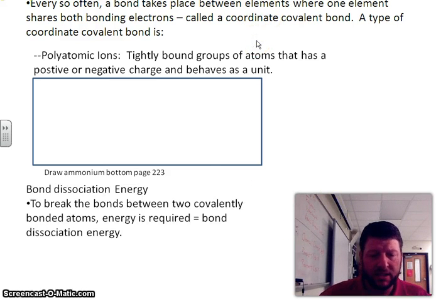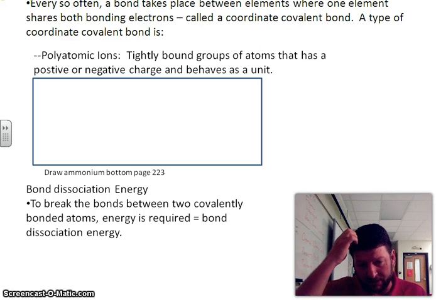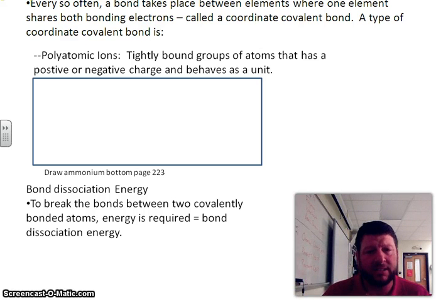Okay? Now, switching gears a little bit here, we're going to talk about bond dissociation energy. This is the energy that is required to break the bonds of 2 covalently bonded atoms, called bond dissociation energy.